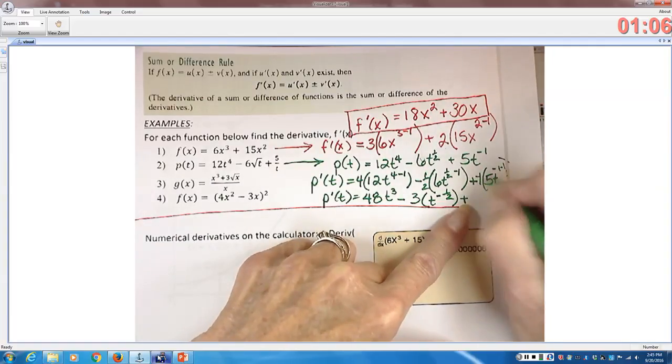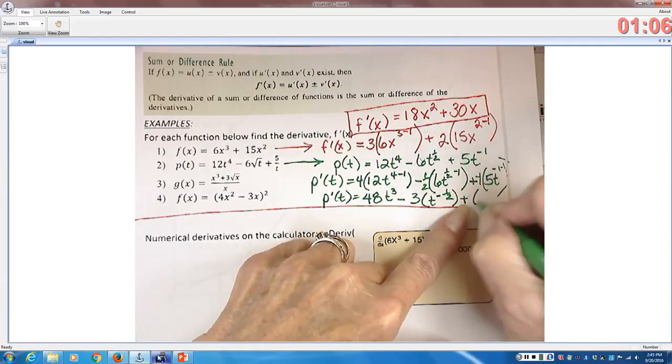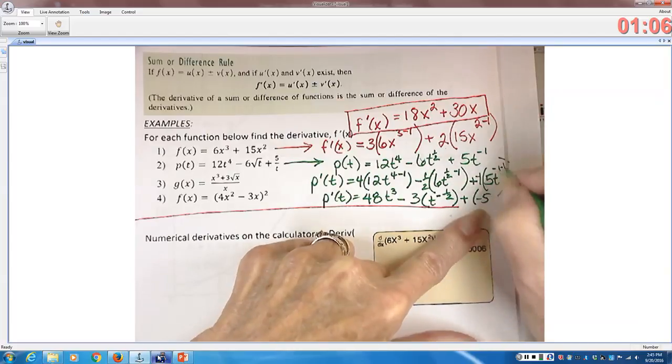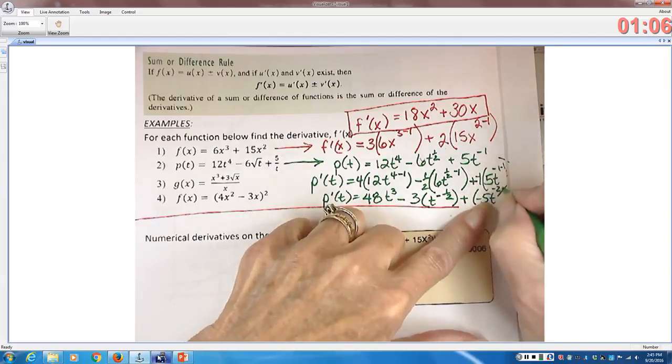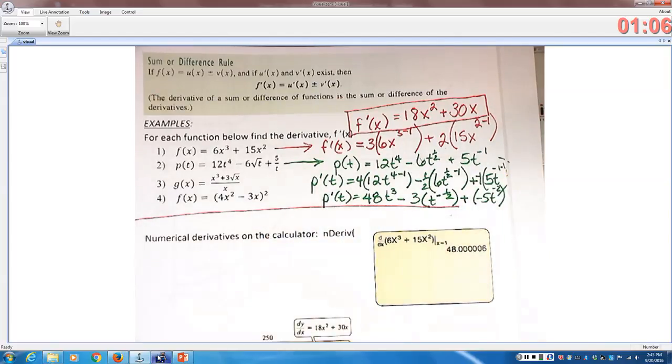Plus -1 times 5 is going to be -5, and 1 minus 1 is going to be t to the -2 power. Now you can write that with the sign straightened out. You can leave out some of the parentheses, but that's basically all you do. You just differentiate each term. That's really all you're doing, is you're doing the derivative of each term by itself, one at a time.